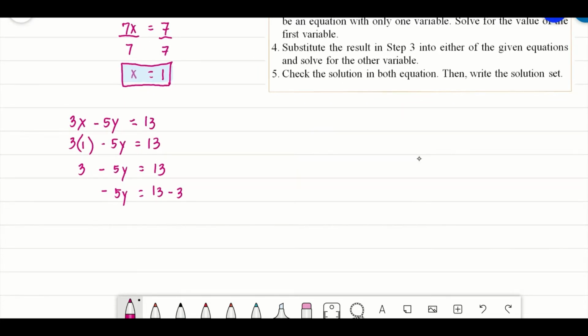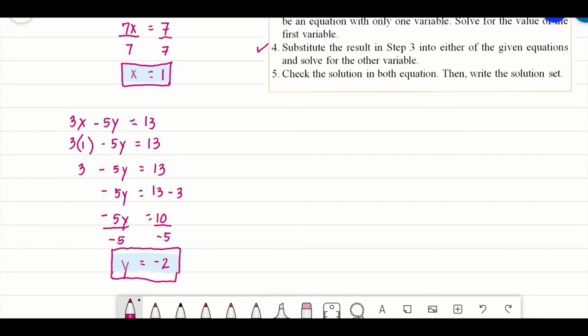Negative 5y equals 13 minus 3, that's 10. Divide both sides by negative 5. y is now equal to negative 2. Now we have the value of y, which is negative 2. We are done with step 4.